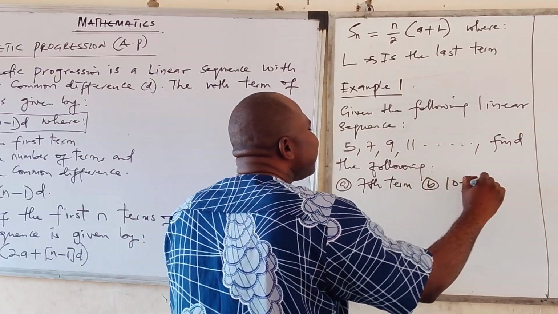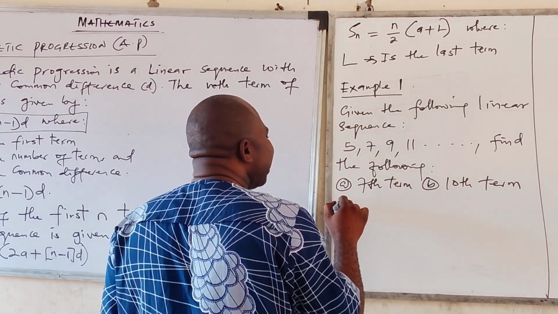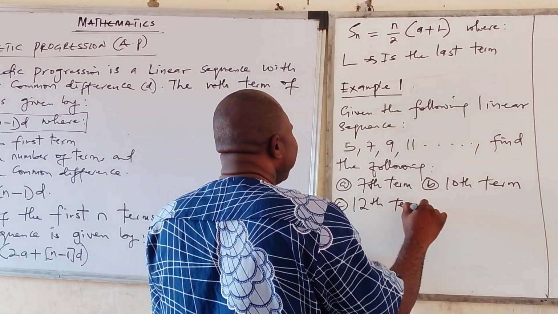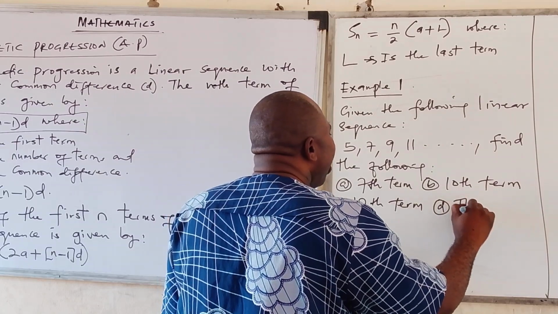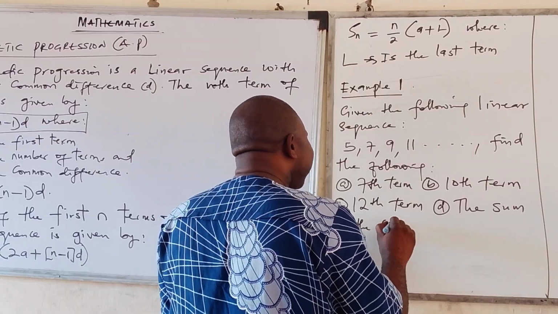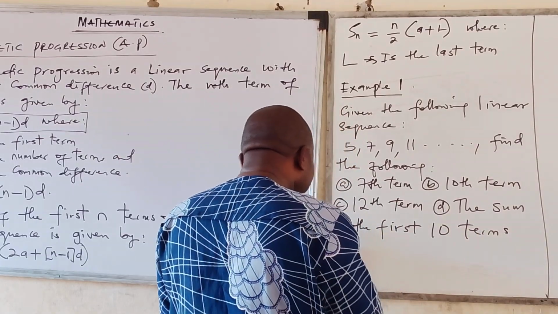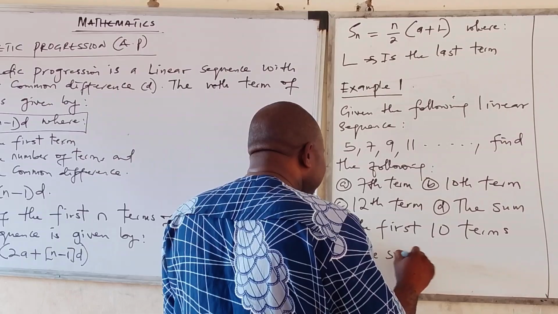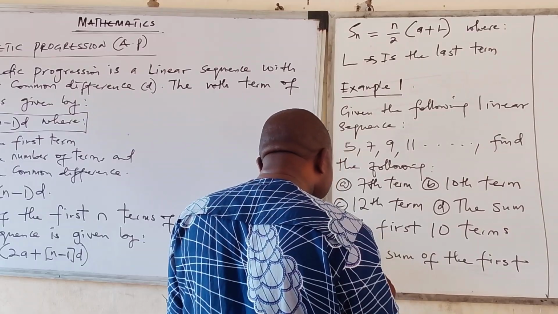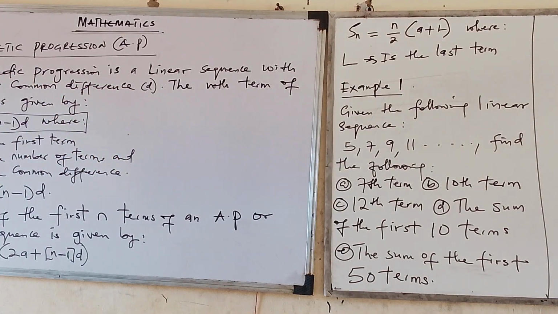B, the 10th term. C, the 12th term. D, the sum of the first 10 terms. E, the sum of the first 50 terms.